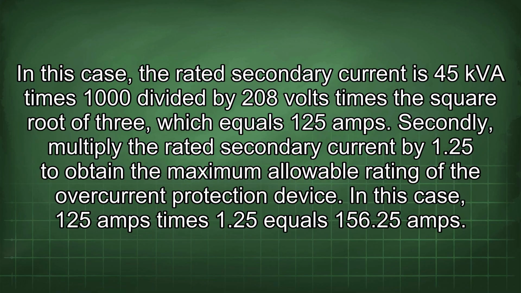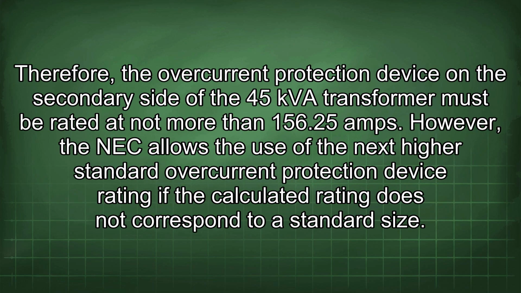Secondly, multiply the rated secondary current by 1.25 to obtain the maximum allowable rating of the overcurrent protection device. In this case, 125 amps times 1.25 equals 156.25 amps.